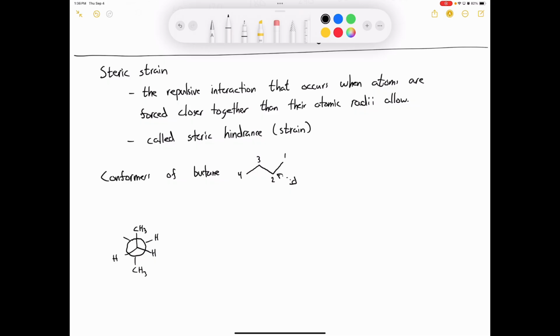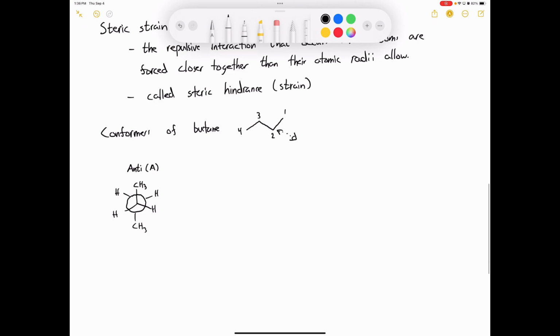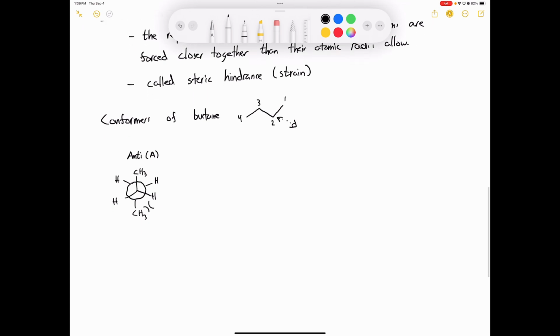Does anyone remember what we called this conformer? It's staggered, but which one is it? It has a special name that starts with an A. Anti. So this is conformer A. Anti is when the methyl groups are 180 degrees apart. But the methyl group is going to feel some repulsion from the neighboring H's.